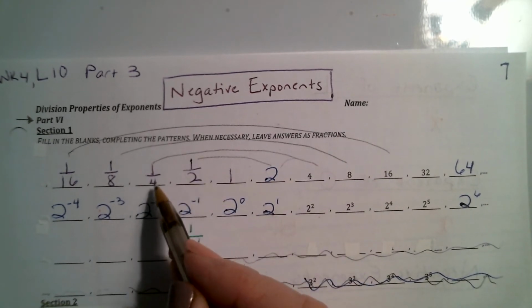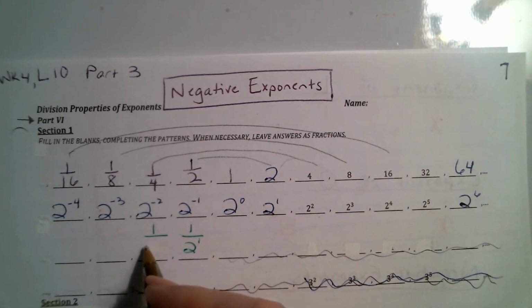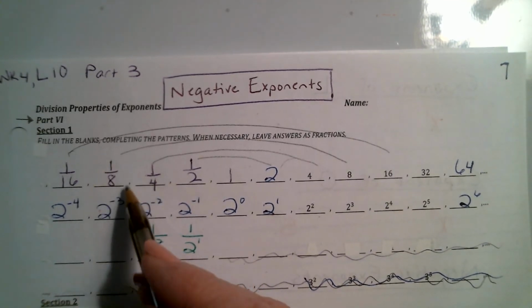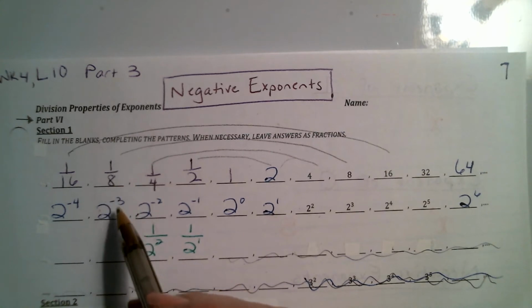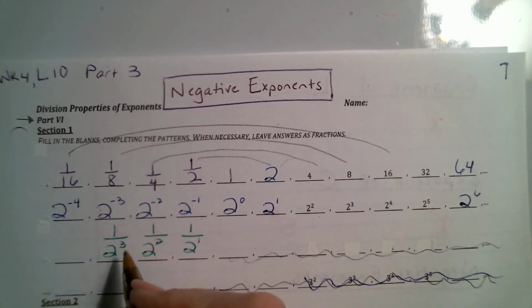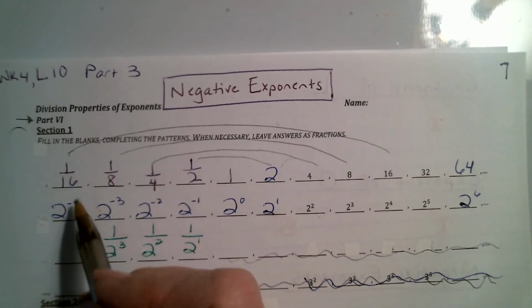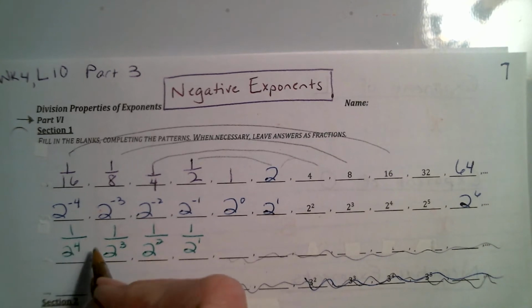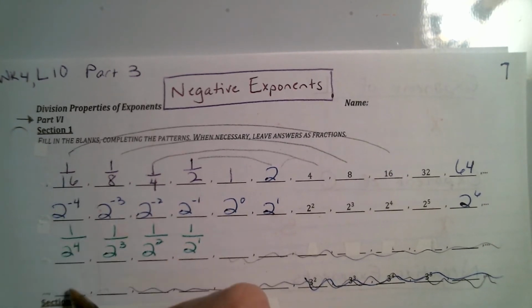This is 1 over 2 squared, 2 to the positive 2. This is 1 over 2 to the third. This is 1 over 2 to the fourth. So these are equivalent, right?